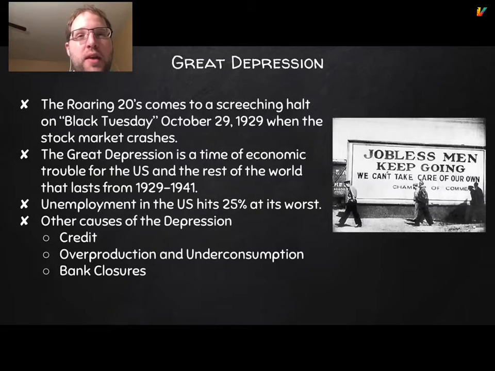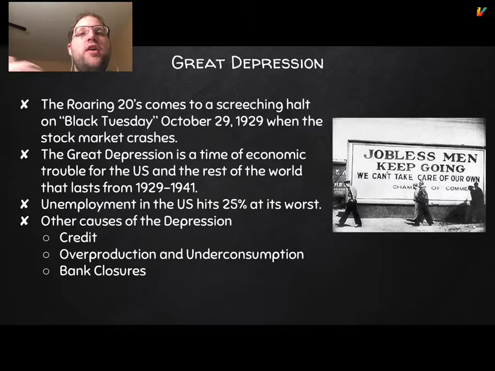And the problem is that a lot of the American people were buying these things on credit. What happens is they can no longer make their credit payments because they had bought a car or a radio, they had bought a house, or they had bought a refrigerator or whatever, and they bought it on credit. Well, when they lost their job, they couldn't make the payments on those things anymore. And the stores started taking things back, or whoever you bought it from started taking things back.